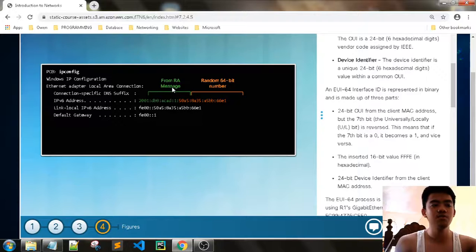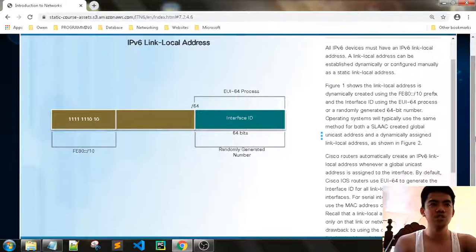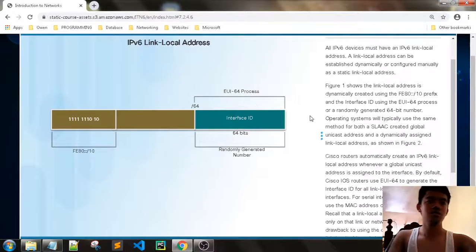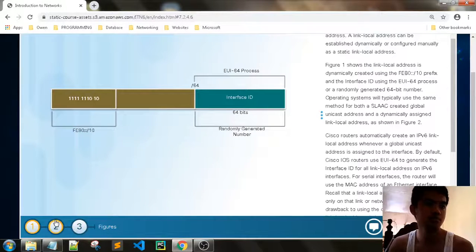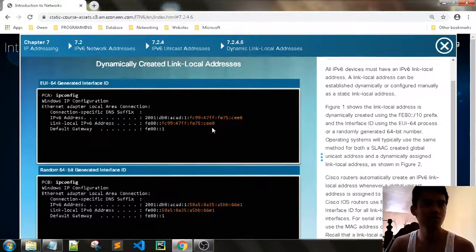From our router advertisement message, I have the network portion, our prefix, and dynamic link-local addresses. We also use the EUI-64 process for the link-local addresses of the device. It is dynamically configured, but as you can see, our link-local address is very long.